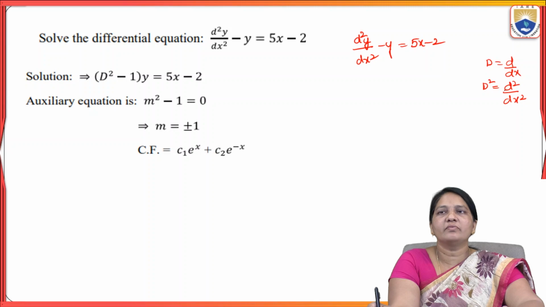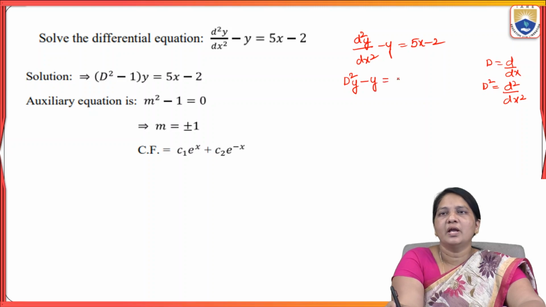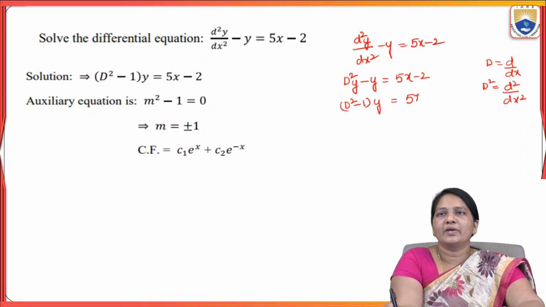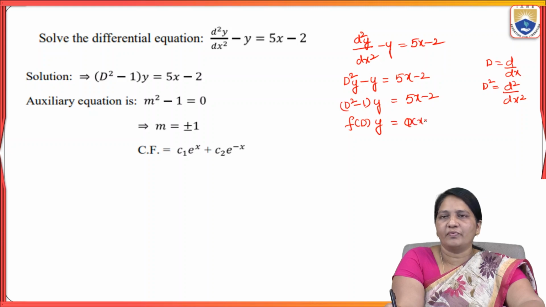That means in place of d square by dx square, I can replace capital D square. So D square y minus y equal to 5x minus 2. Now I can write the operator form, D square minus 1 into y equal to 5x minus 2. This is in the form f of D into y equal to Q of x.